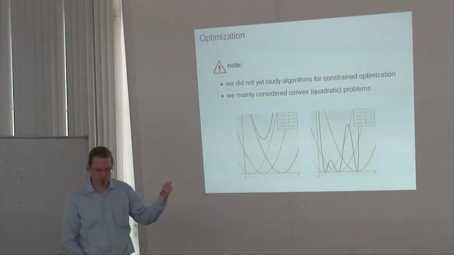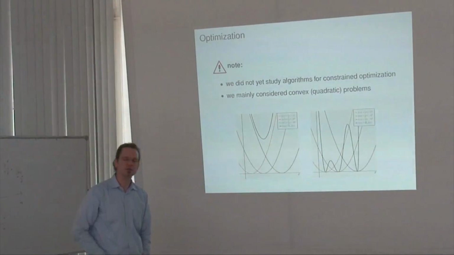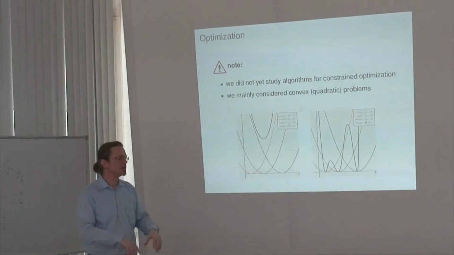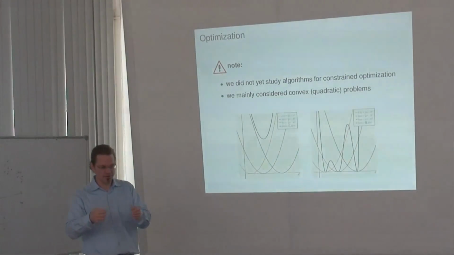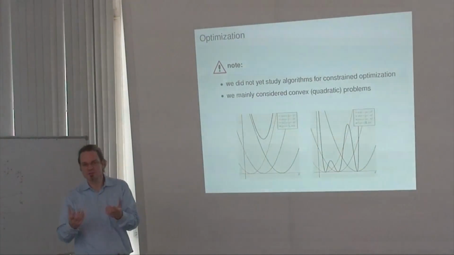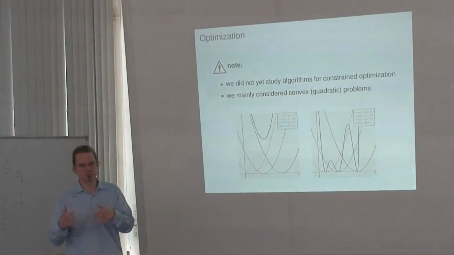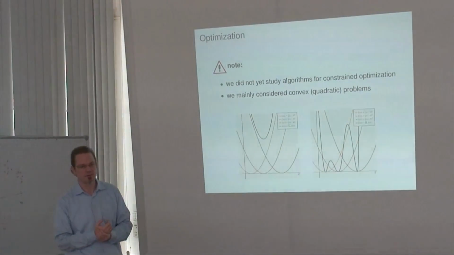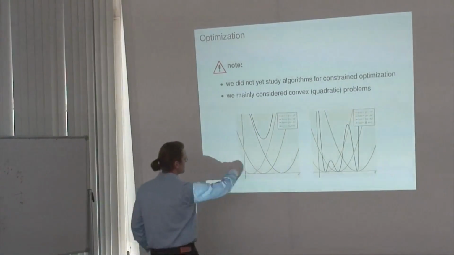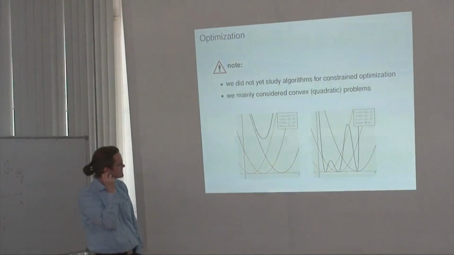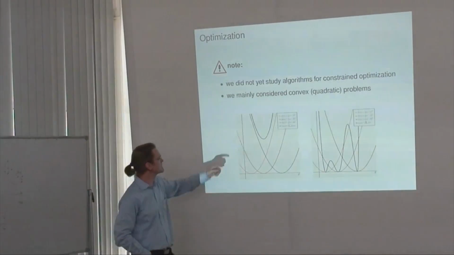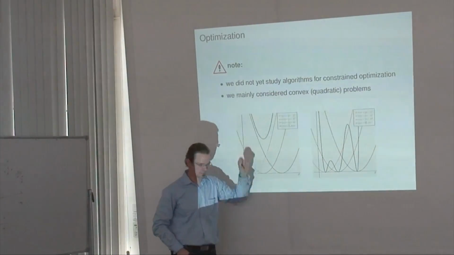We can deduce, and we could prove, though we will not, that a function defined as the sum of convex functions will be a convex function. You can see this in this picture: three simple quadratic functions, and this one here is the sum of them.